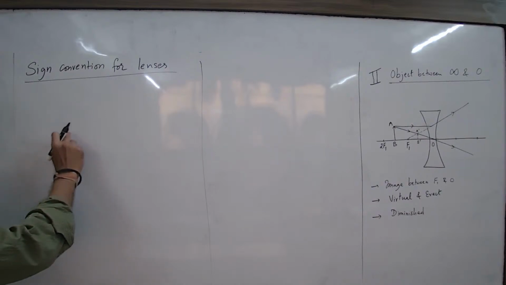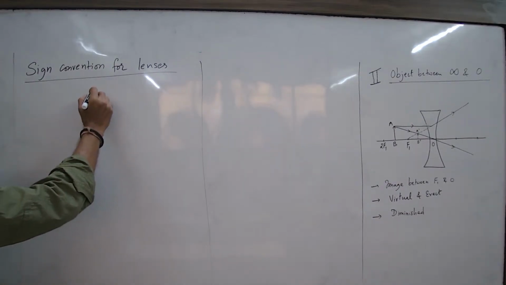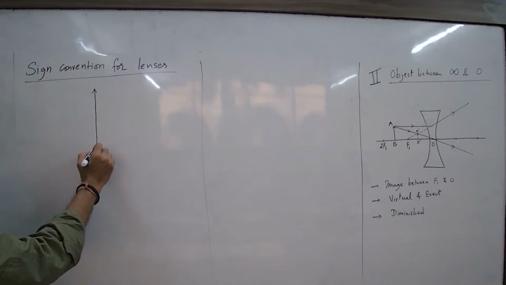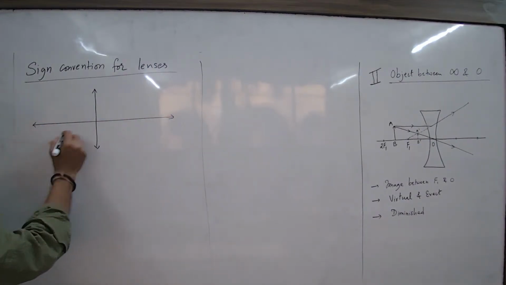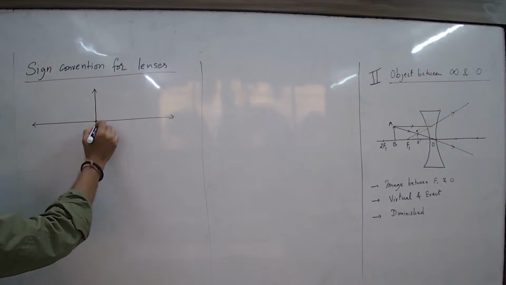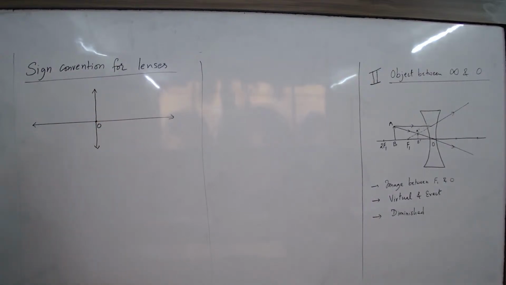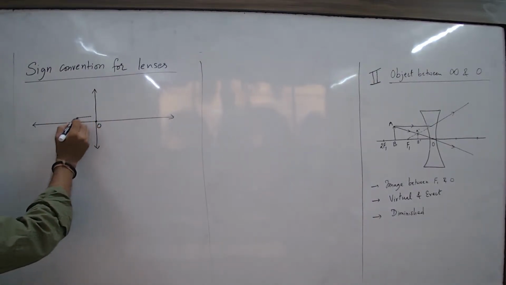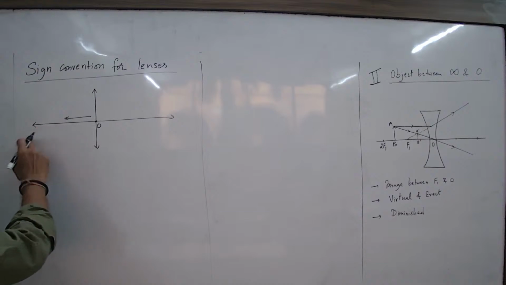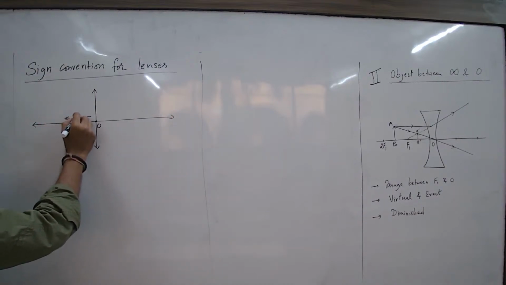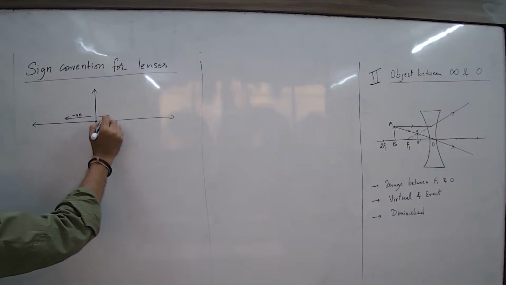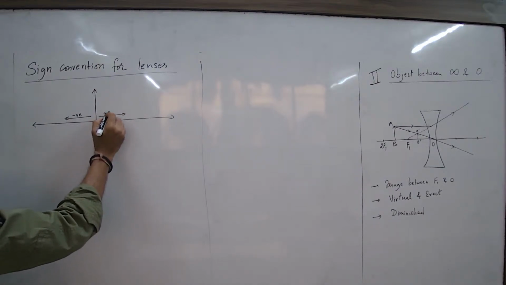So just like mirrors, they have the same sign convention, but since the image position is different, here the origin is the optical center. All the distances to the left on the principal axis will be negative. All the distances to the right will be positive.